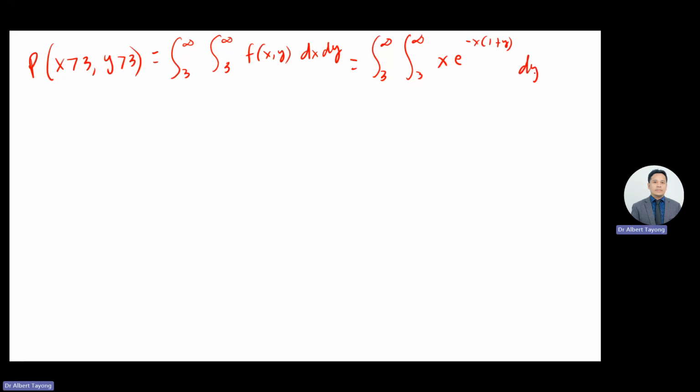We have dy dx. So let's start first with the inner integral. So we're going to start with y. We calculated this already actually. So what we're going to do, we're going to transfer the x times e raised to the power of negative x outside. So it's going to be like this.